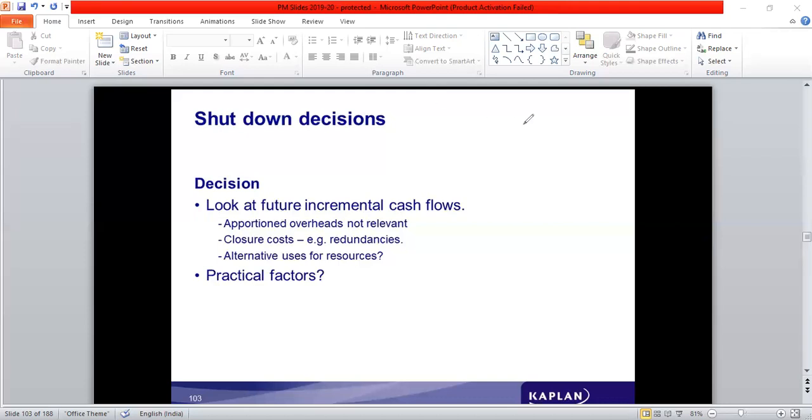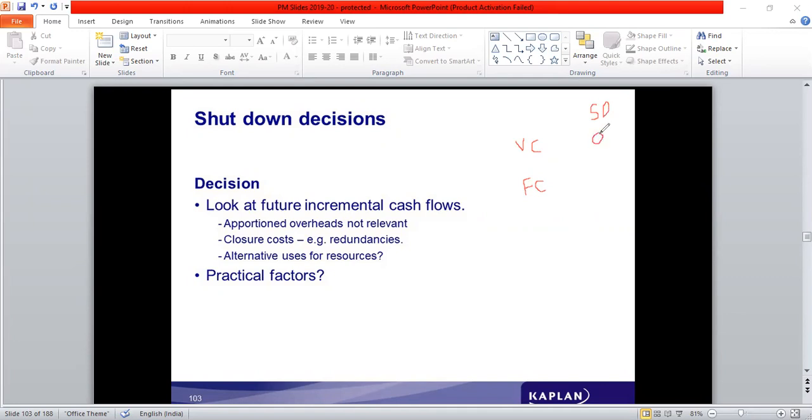If in this case they shut down, basically when a unit is running, the costs which are incurred are variable cost plus the fixed cost. If they take a decision about shutting down, in case of shutdown, only the variable cost will not be incurred.